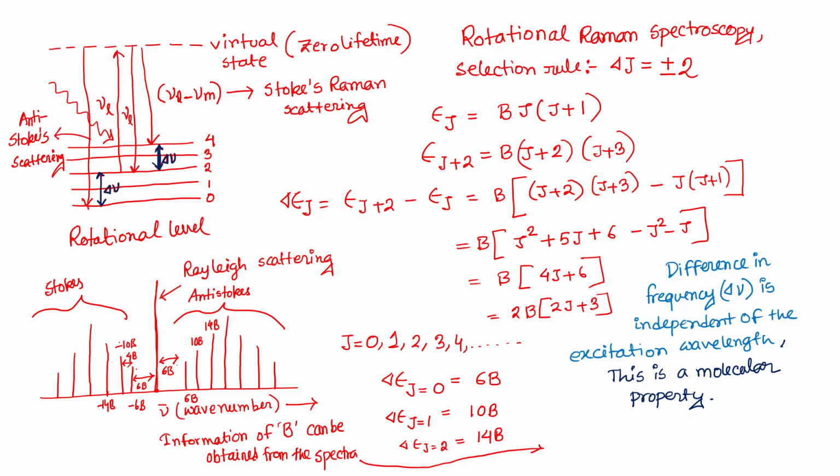Plus 2 is for Stokes, where there is a loss of energy. Minus 2 is for anti-Stokes, gain of energy, maybe. And for delta J equals 0, you are going to get Rayleigh.